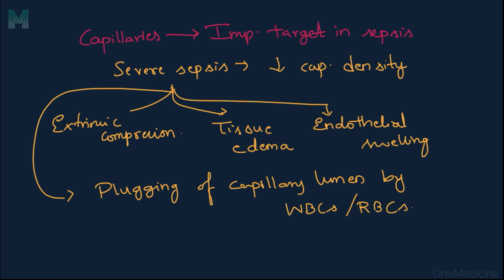This happens due to the inability to deform, as we have read previously. So diffuse endothelial activation results in widespread tissue edema. This edema is very rich in protein.